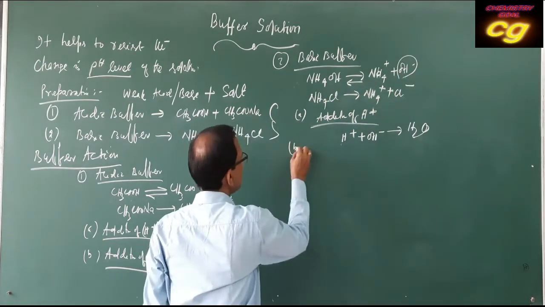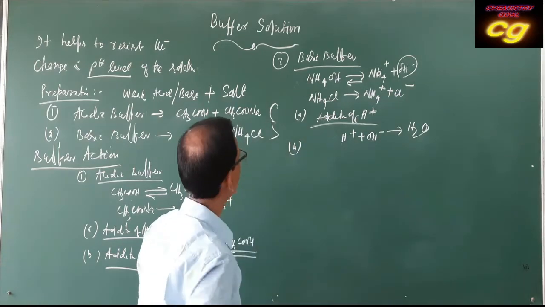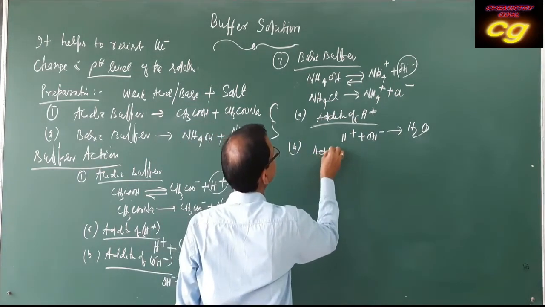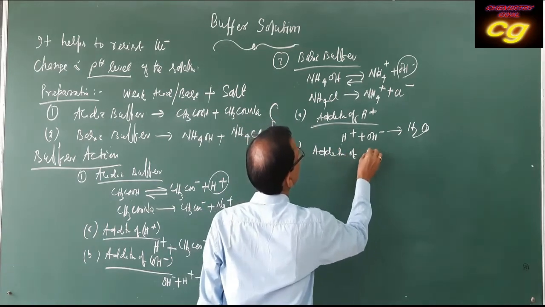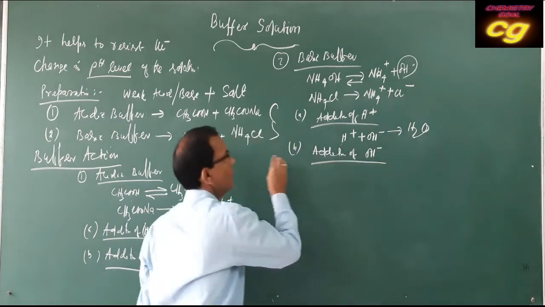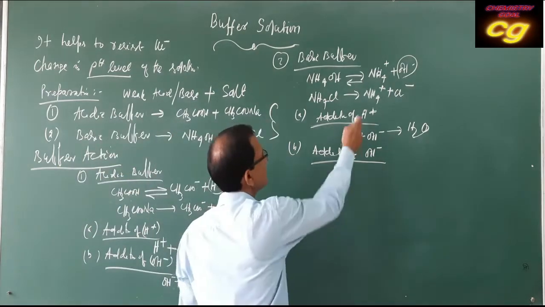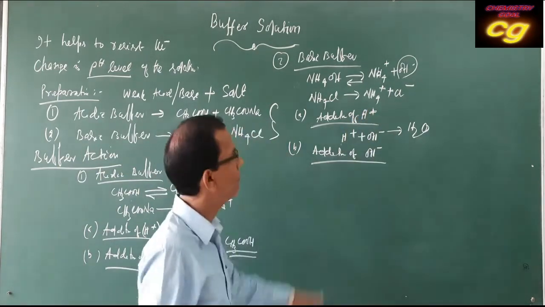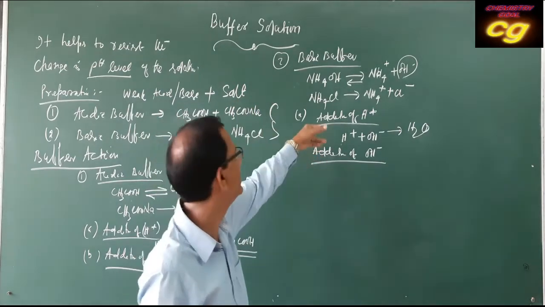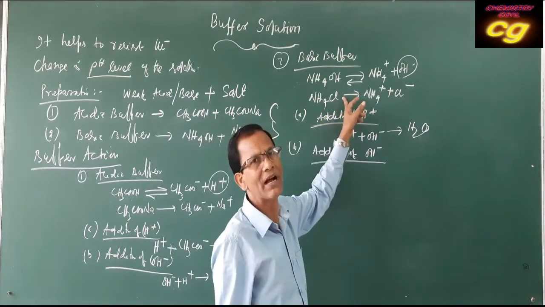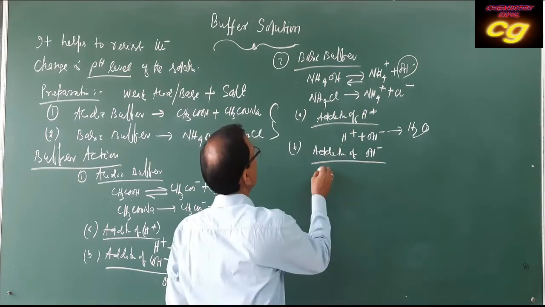In the same way, consider addition of OH minus. If OH minus is added, then pH would increase, and when H plus is added, pH would decrease, but it is not increased or decreased due to this action.